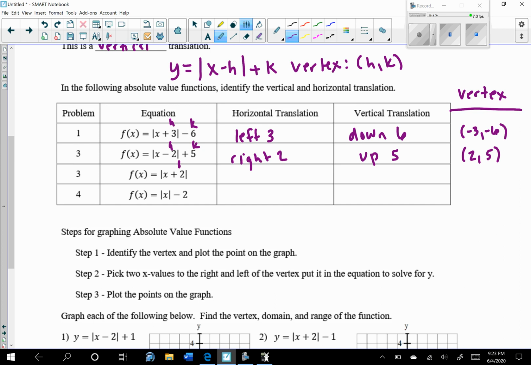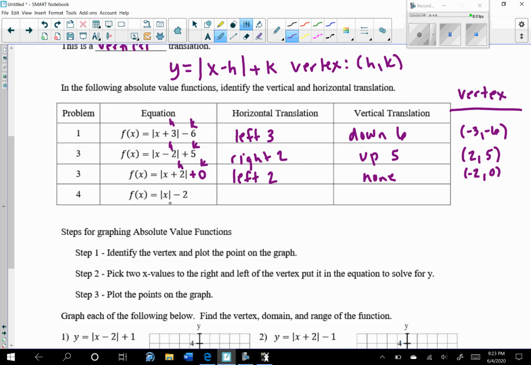For the next one, here's my h, and if the k is not written, well, what doesn't change the equation when we're adding or subtracting something? 0. So that's your k value. So we have negative 2 comma 0 for our vertex. So this moves to the left 2, and it doesn't move up or down, so none.